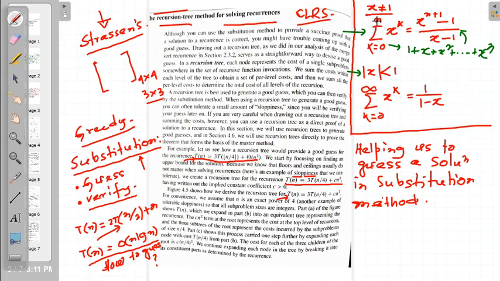Here a little bit is changed: k equals 0 to infinity of x power k, where the absolute value of x is less than 1. This is the infinite series, and if x is less than 1, then we have a very nice formula, that is 1 by (1 minus x).